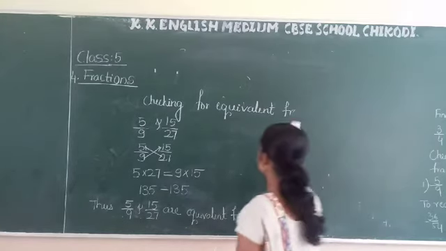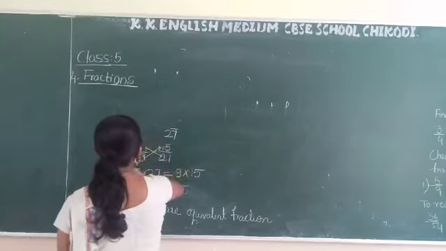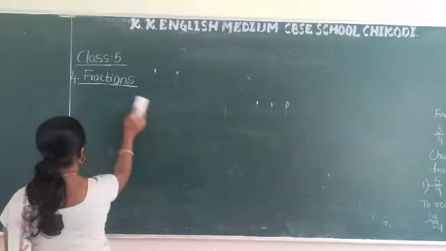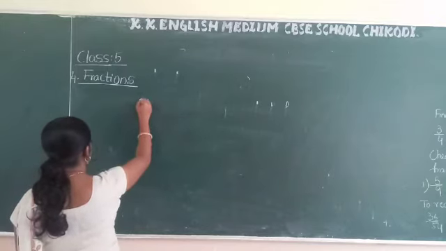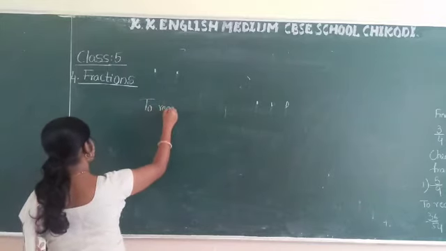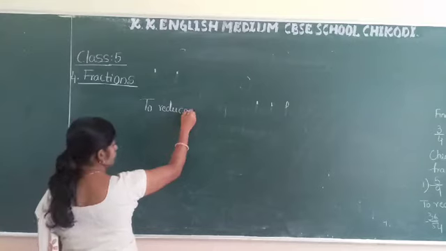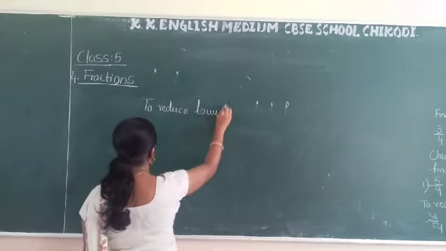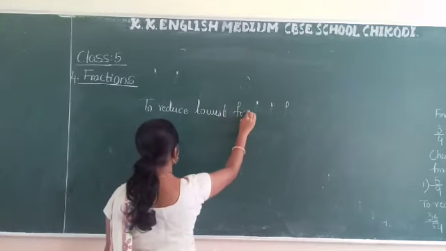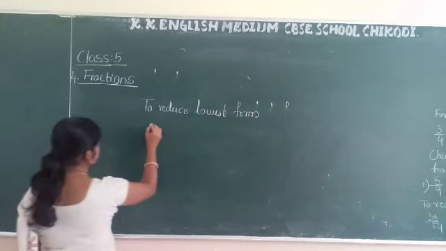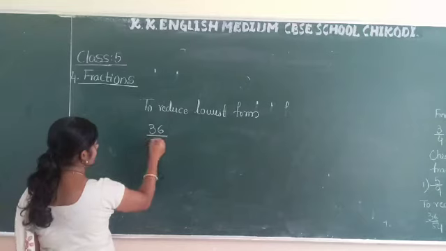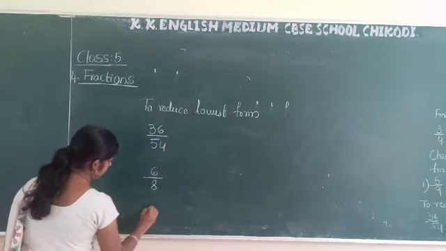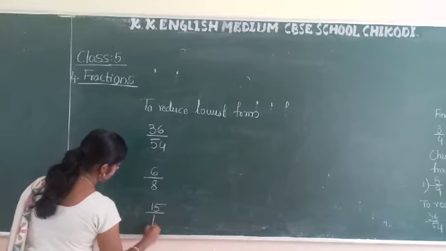To reduce to the lowest form. Then how to reduce? It is a very important concept. I will take some examples: 36 by 54, 6 by 8, 15 by 18.